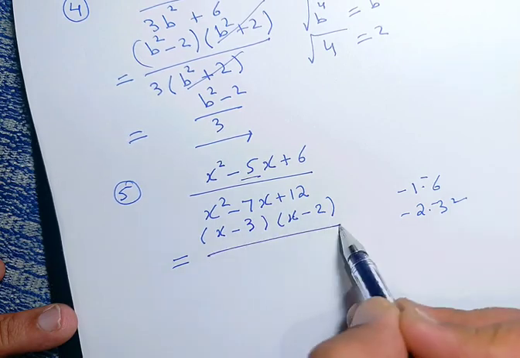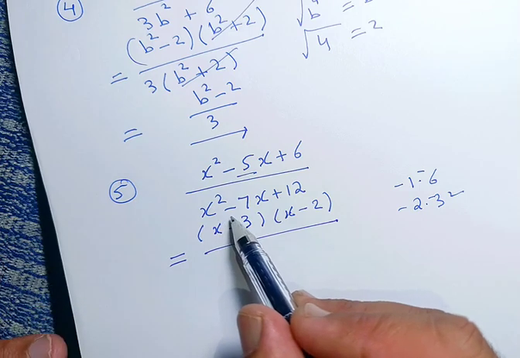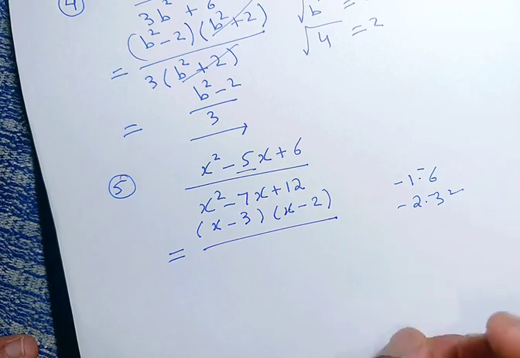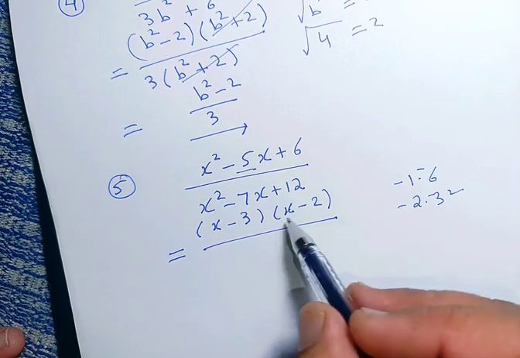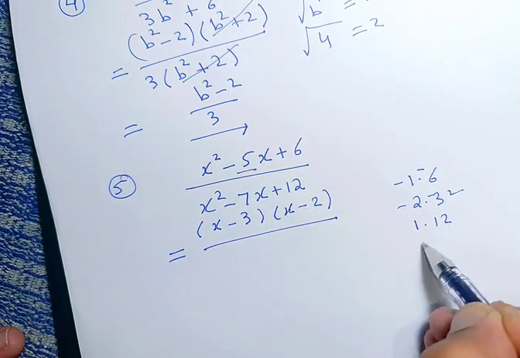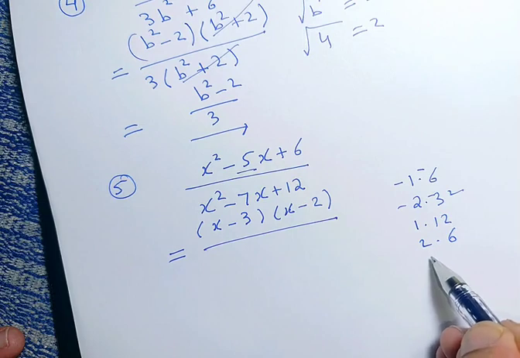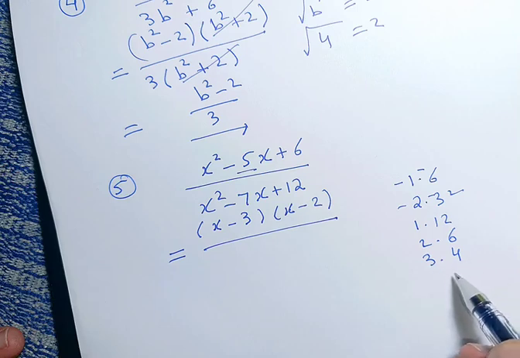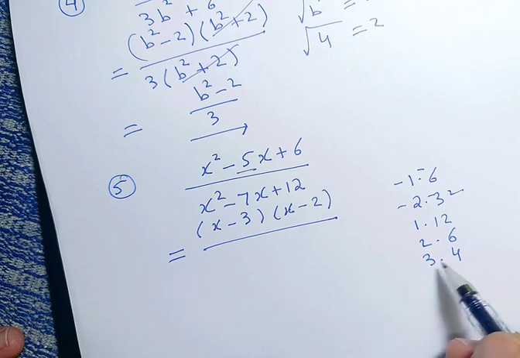That's my factors. Over, that also has first sign negative, which means both signs in the brackets will be negative. Now we need to find the factors of 12. 1 times 12 is 12, 2 times 6 is 12, and 3 times 4 is 12 as well. 4 times 3 is also 12, it starts repeating, so we leave it here.